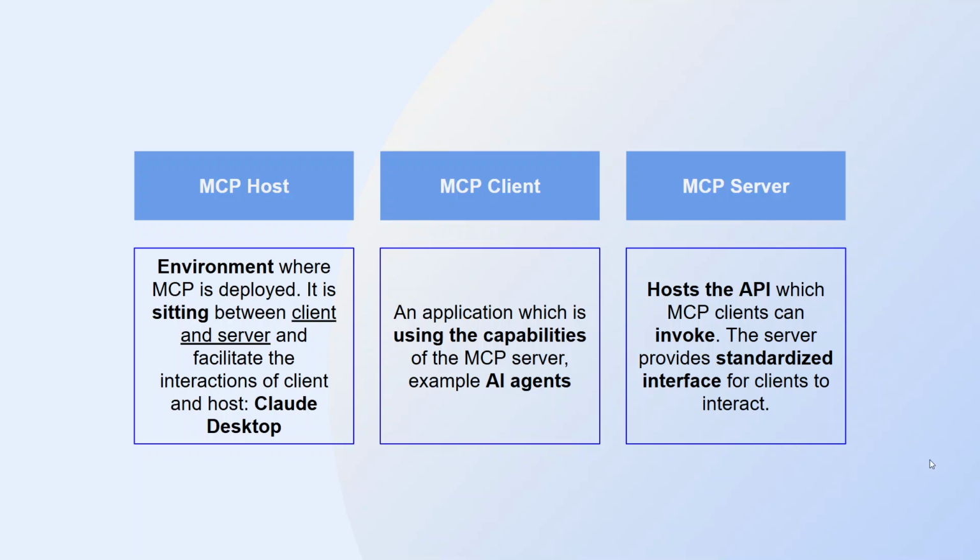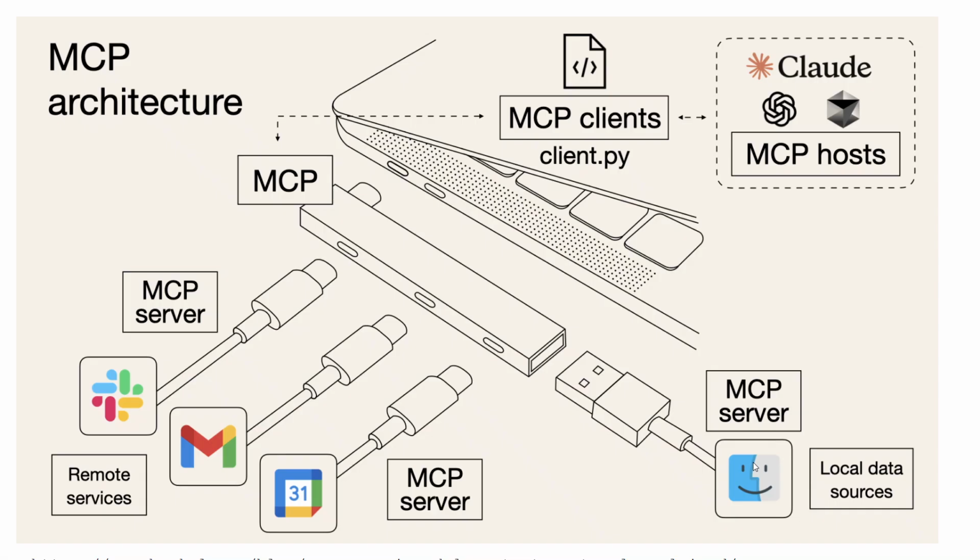So let's go for an example to see this in a better picture. So assume that MCP is a USB that allows various connectors. So for example, if we have the MCP server which is connecting to the Google Calendar, we have another MCP which is connecting to your Gmail, another MCP which has the integration with Slack.